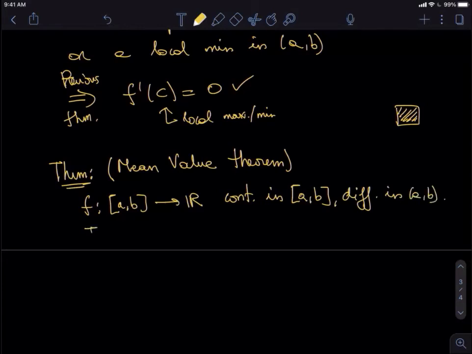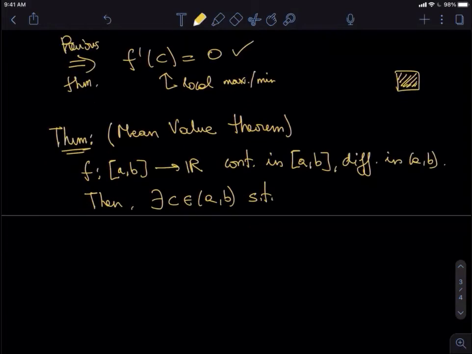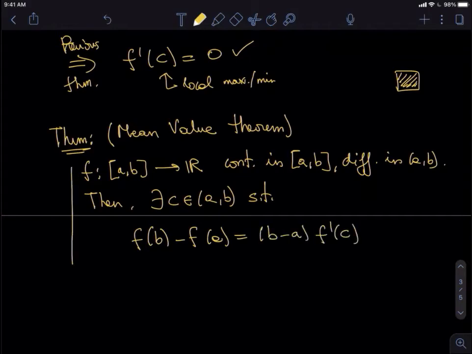Then the theorem says that there exists c in the open interval (a, b) such that f of b minus f of a equals (b minus a) times f prime of c. And that is the mean value theorem.